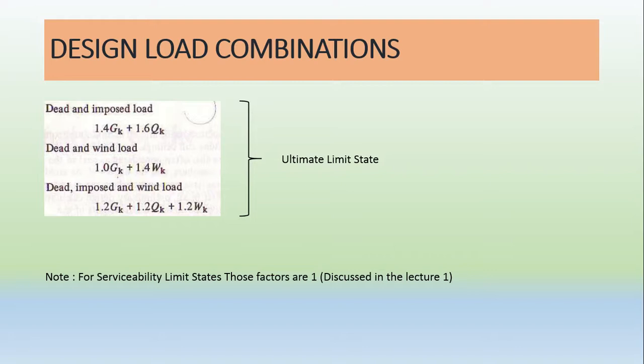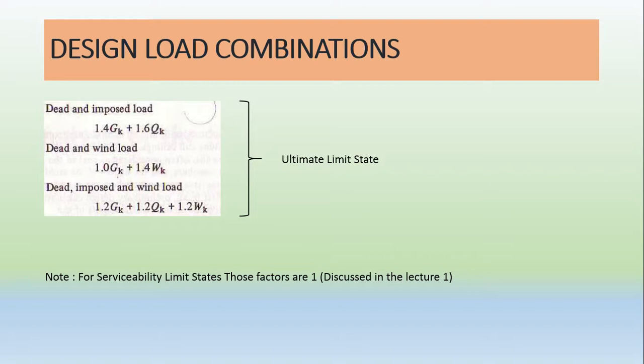So when we are calculating ultimate loads, I told you that when designing a building we design it for the ultimate limit state, and we check whether it is okay for the serviceability limit state.